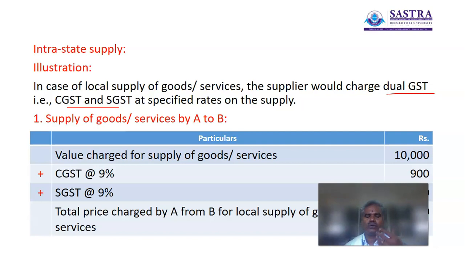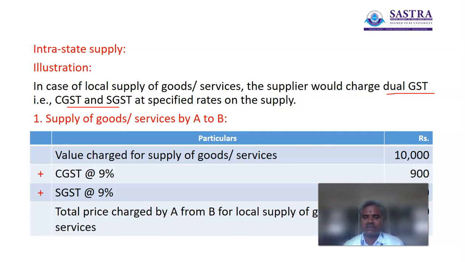Or when you supply goods from one place to another within a union territory, take for example, you assume that you are doing business in Pondicherry, Lakshadweep, etc. Now you have to charge CGST for the central government, then UTGST.